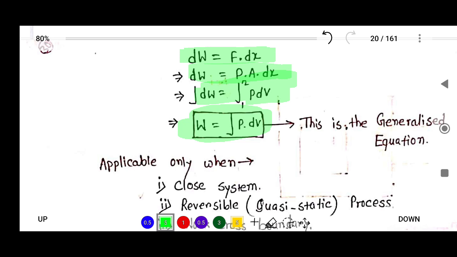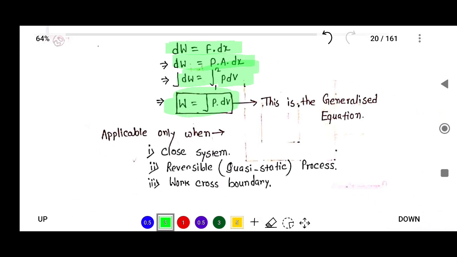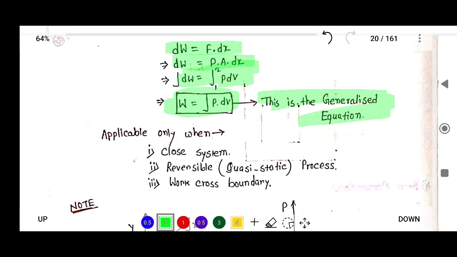This equation is applicable only when it is a closed system, it is a reversible process, and it is a work process at the boundary. If these three conditions are satisfied, then you can apply this equation.